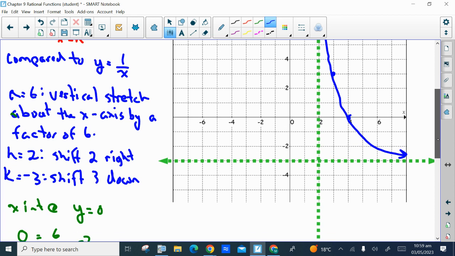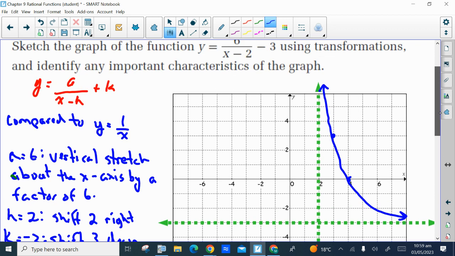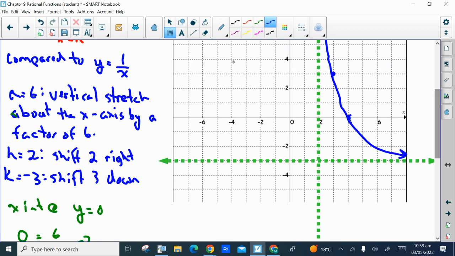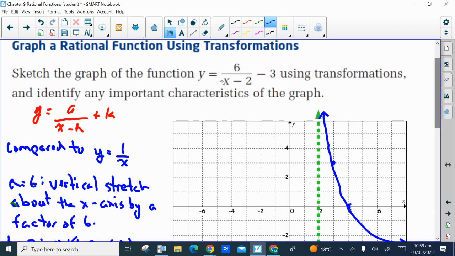The other branch will be to the left side of the vertical asymptote. So we could let x equal 1. When x equals 1, the denominator, 1 minus 2, is negative 1. 6 over negative 1 is negative 6. Take away 3 is negative 9.